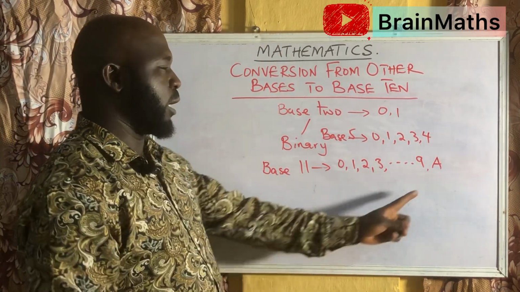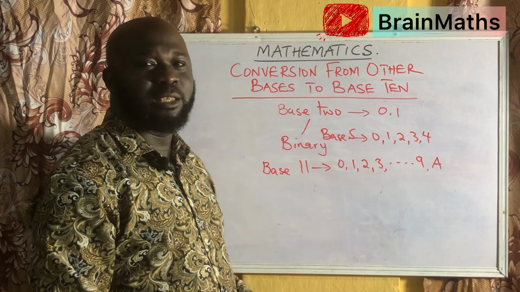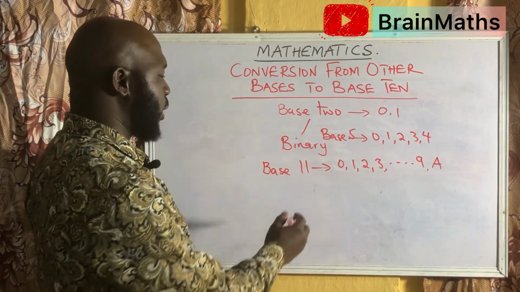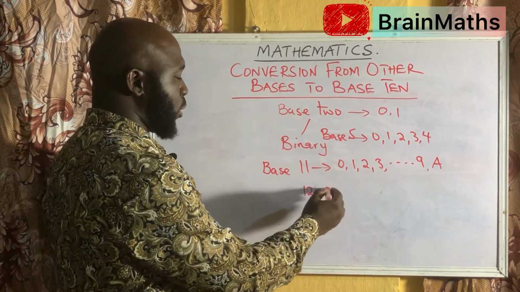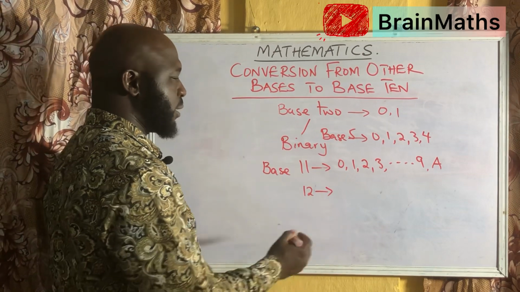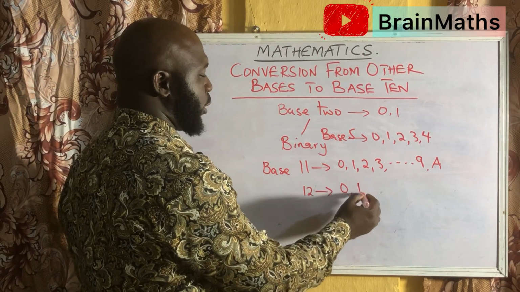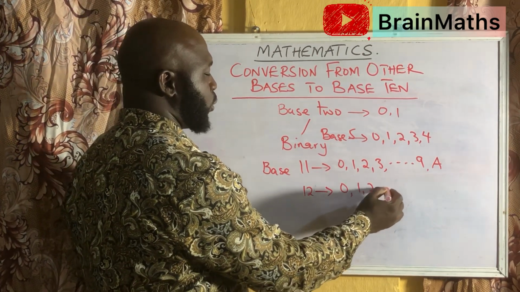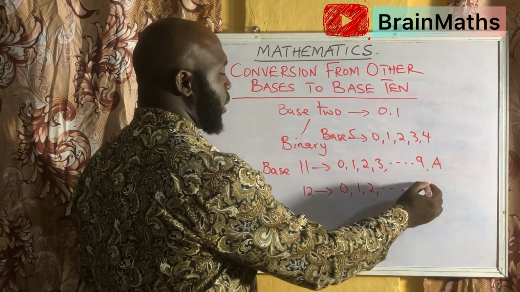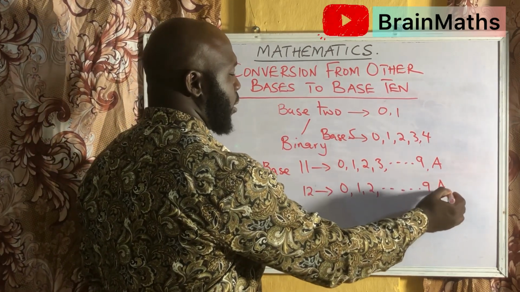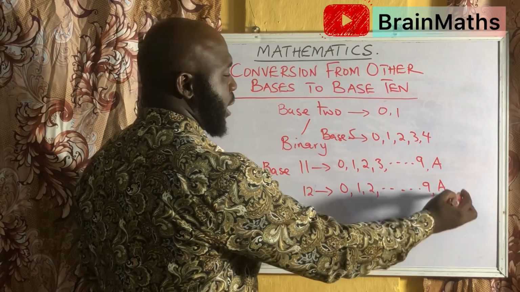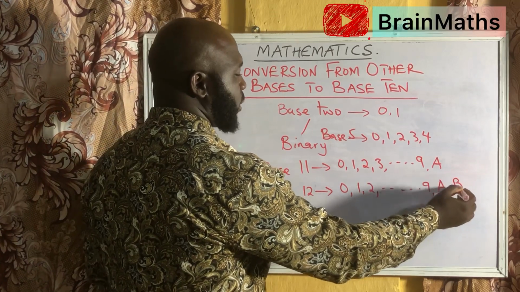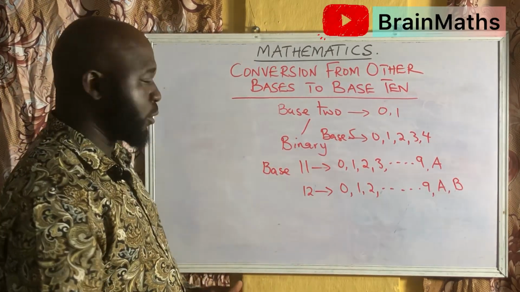Anywhere you see A, it is representing the figure 10. If you're working in base 12, which is called duodecimal base, we have numbers ranging from 0, 1, 2, up to 9, A, which is representing 10, and B, which is representing 11.